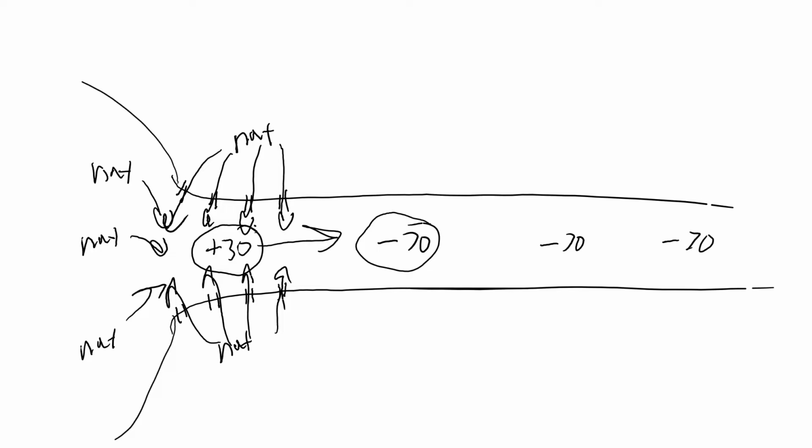And as this big positive impulse moves into this negative region of the axon, it is going to depolarize that region, because that region is going to gain a whole bunch of positively charged sodium ions. So, of course, it's going to depolarize.